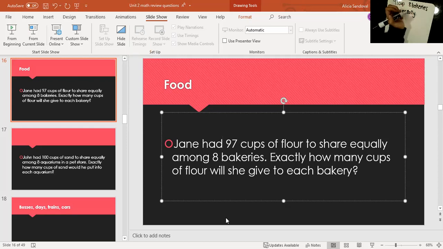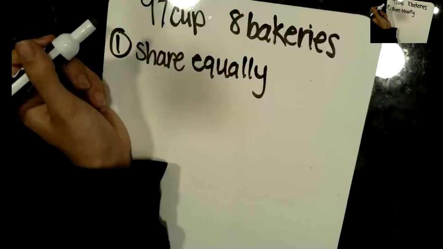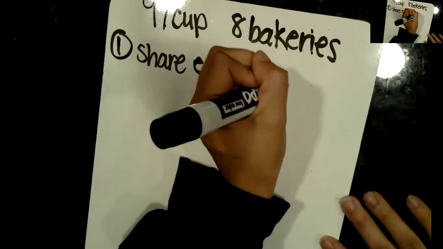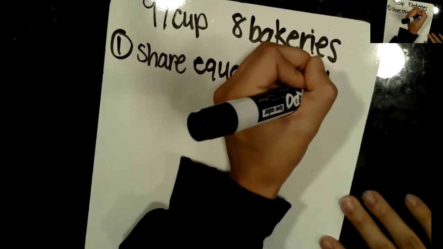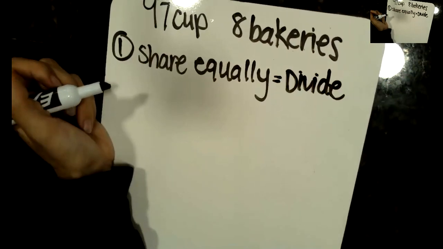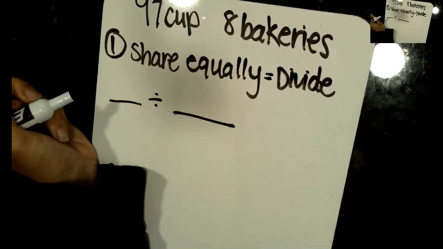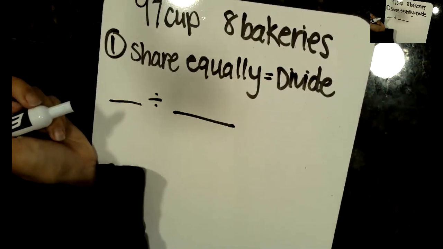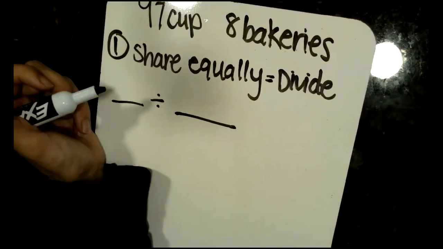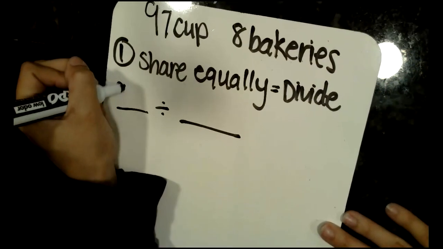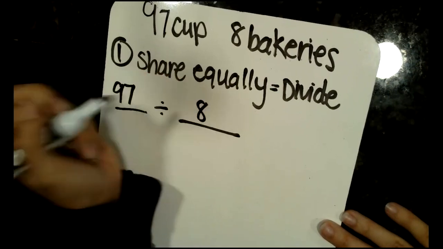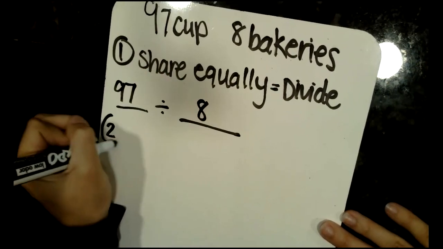So, if I know that shared equally means divide, what numbers am I going to divide? What divided by what? If you did 97 divided by 8, you are correct.